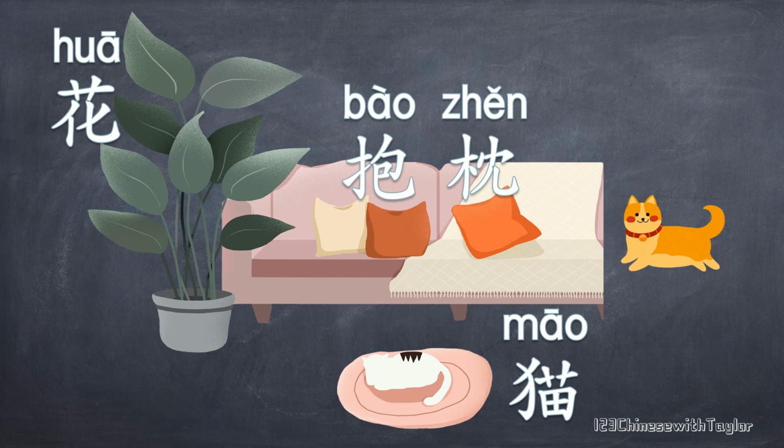The plant in Chinese is called hua, even though some plants may not have flowers, they're called hua. And the cat is mao. And the pillows on the sofa are called 抱枕. 抱 means cuddle or hug, and 枕 means pillow. So 抱枕, pillows for cuddling.